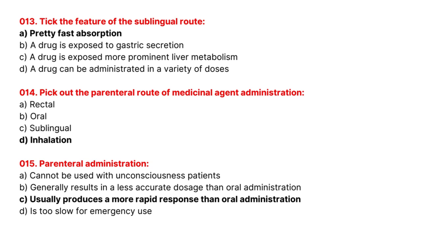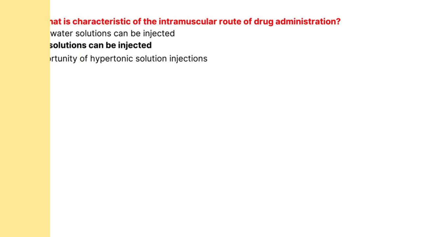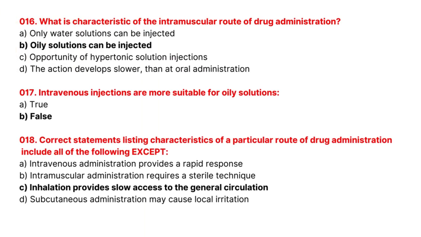015. Parenteral administration. A. Cannot be used with unconscious patients. B. Generally results in a less accurate dosage than oral administration. C. Usually produces a more rapid response than oral administration. D. Is too slow for emergency use. Answer is C. 016. What is characteristic of the intramuscular route of drug administration?